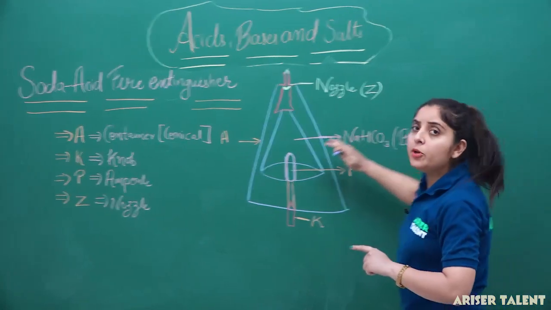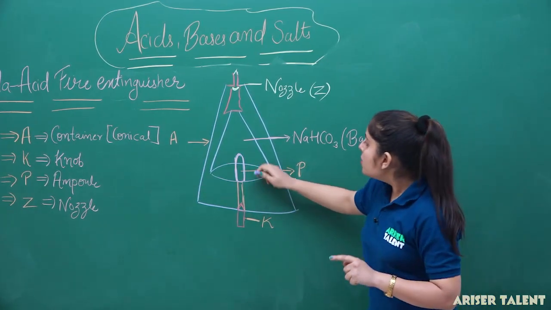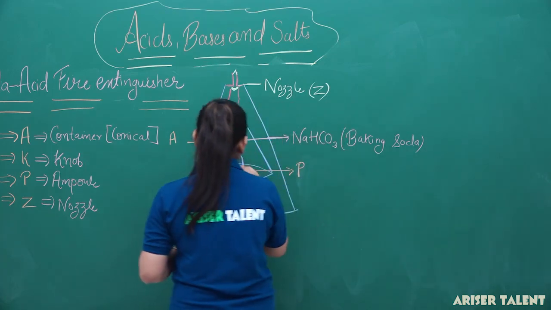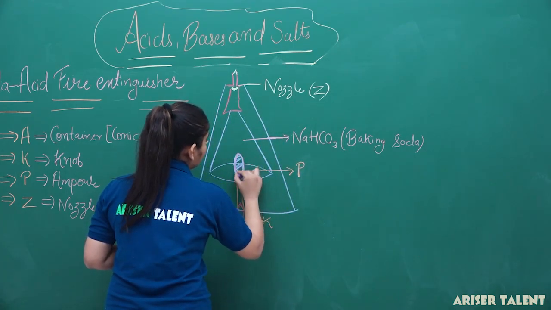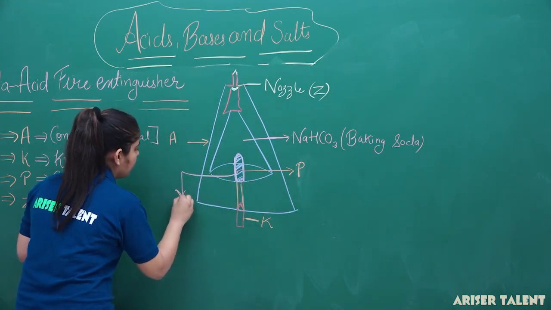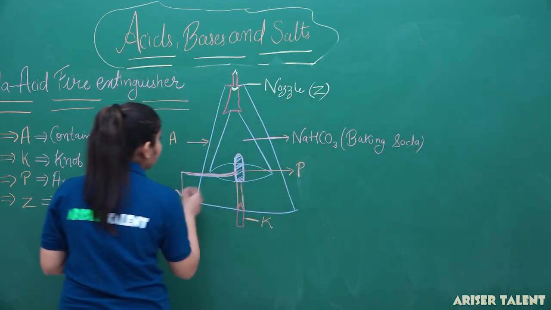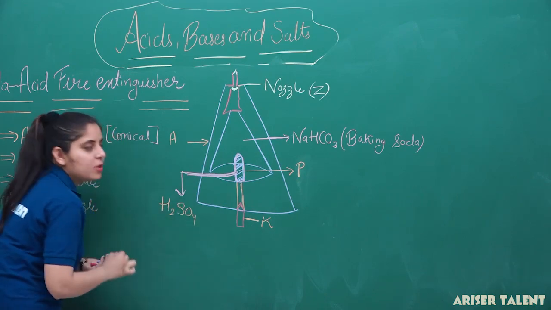Now what will be the working of this soda acid fire extinguisher? Firstly, I have put sodium hydrogen carbonate in this conical tank. Now this is our ampoule that is called P. In this ampoule we have taken the sulfuric acid, that is H2SO4.